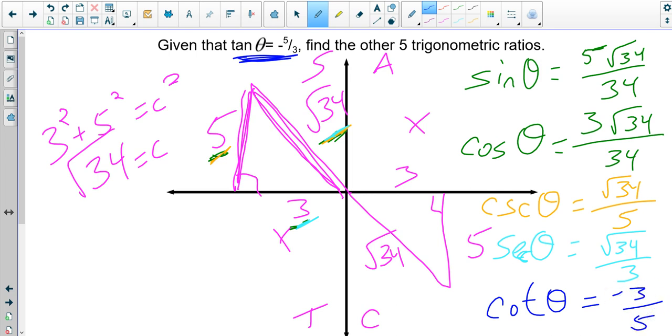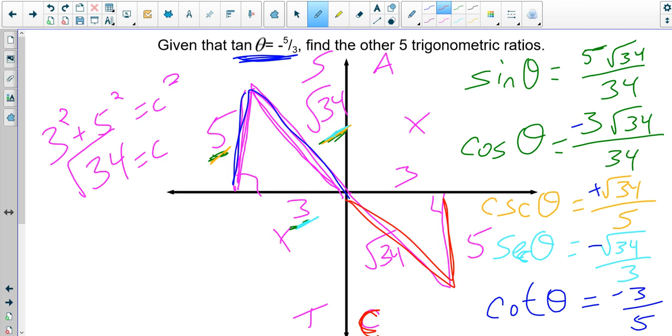Which reminds you at the very end that you need to go back and check your signs for all of them. So here in quadrant 2, for this triangle here, the sign would be positive, but the other ones would be negative. Oops, sorry, that one would be positive, this one would be negative. Down here in quadrant 4, though, that's where the cosine is positive.